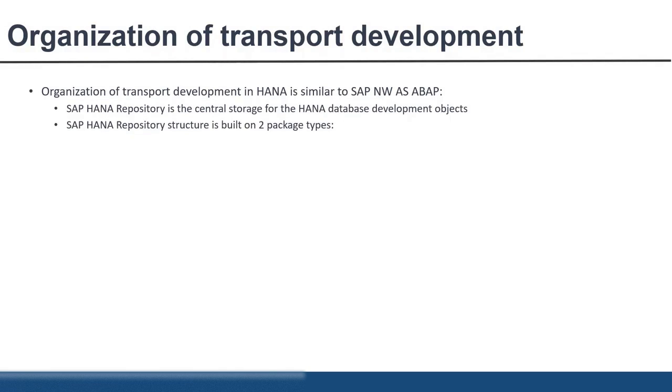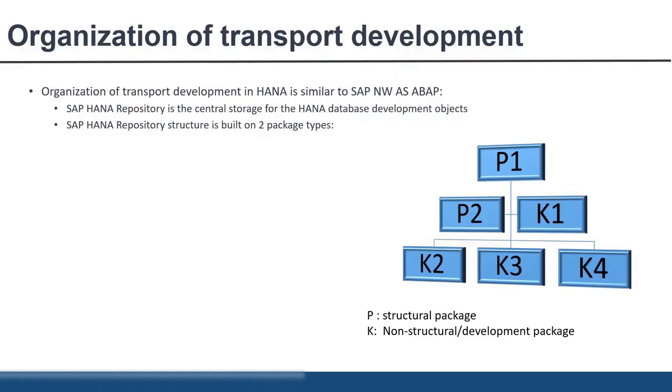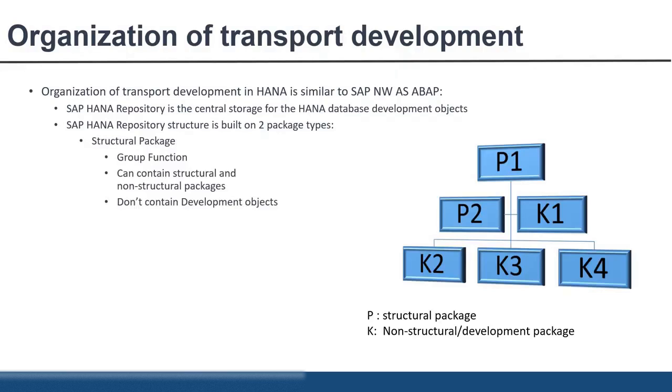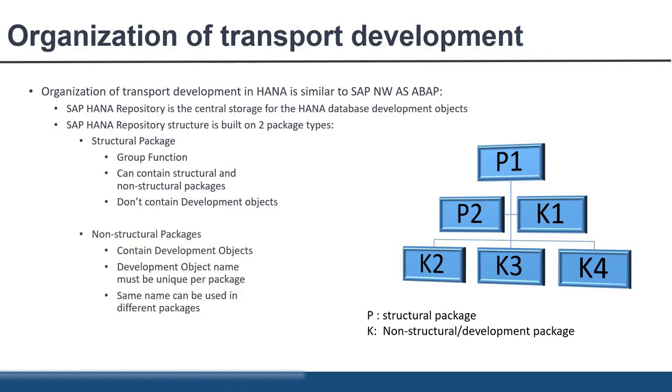HANA repository structure is built using two types of packages. You can see in the figure over here, there are two types of packages. First type of package is a structural package, which is a group of functions. Basically, it doesn't contain any development object.